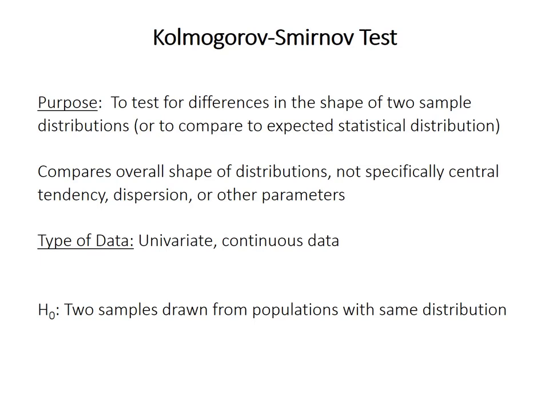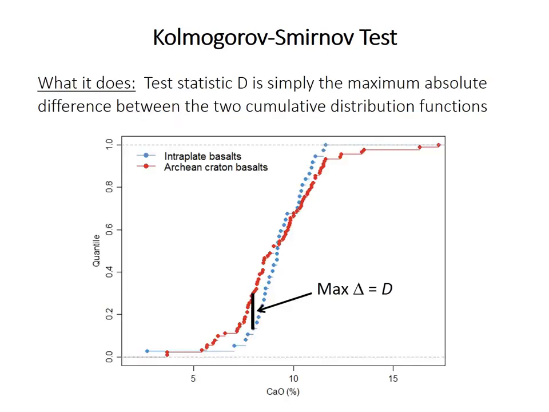It doesn't specifically test for differences in central tendency or dispersion, although those are part of what affects the overall shape of the distribution. The test, in R at least, requires univariate continuous data, and the null hypothesis for the two-sample test is that the two samples were drawn from populations with the same distribution. They should have the same cumulative distribution function.